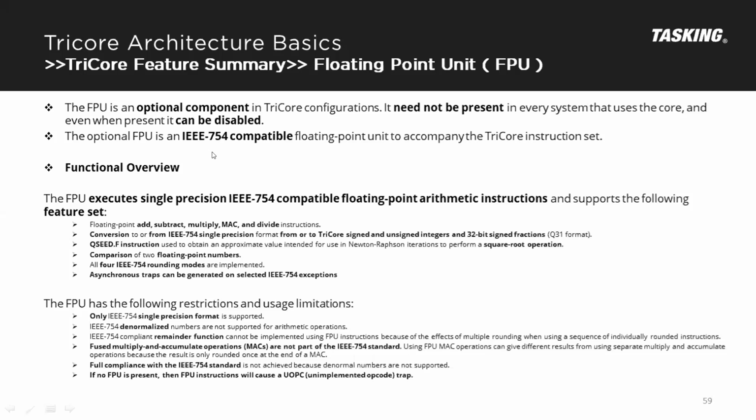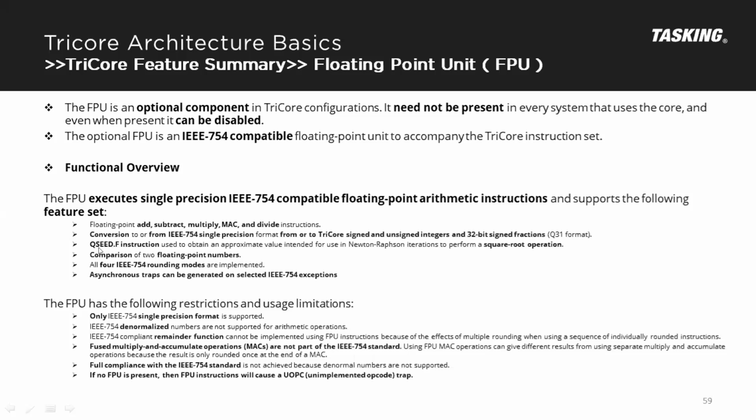And from the functional overview point, let's see what this unit offers. It offers add, subtract, multiply and accumulate, and divide instructions for the operands that come to the floating point unit. It also offers conversion from IEEE 754 single precision to and from TriCore signed and unsigned integers, and the 32-bit signed fractions as well.